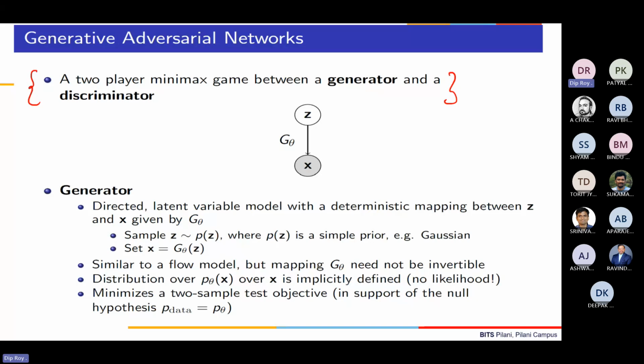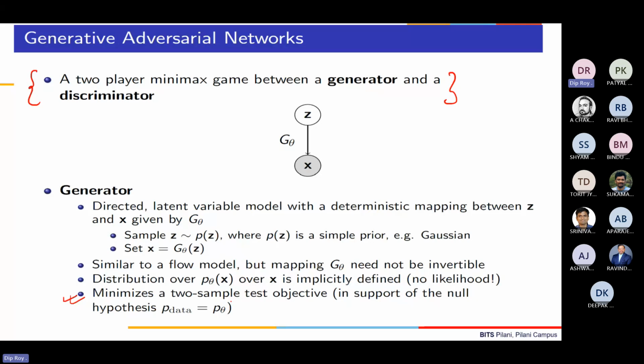So the distribution P of X over X is implicitly defined, no likelihood. Okay. So now you see that even though the distribution over P of X is implicitly defined, we never use the likelihood, and minimizes a two sample test in support of the null hypothesis.